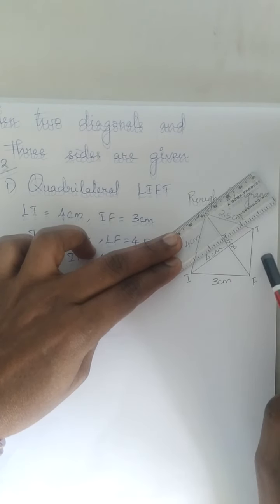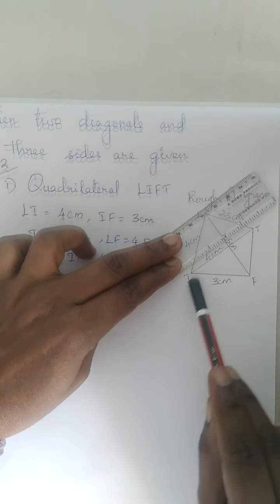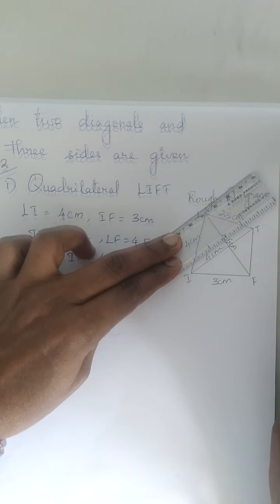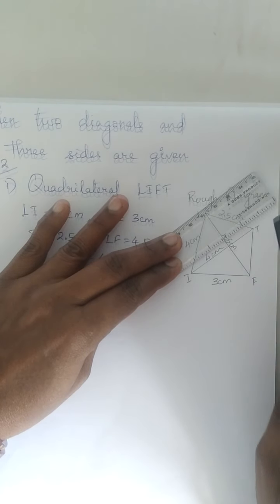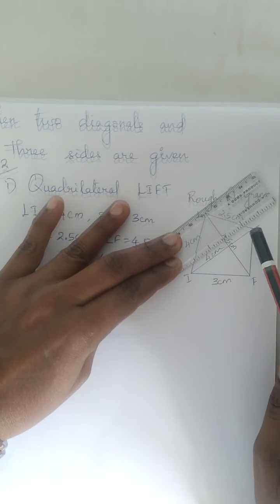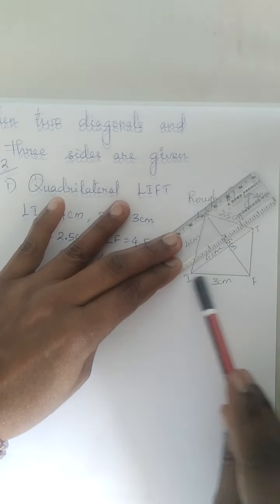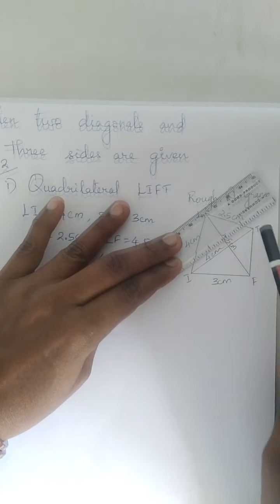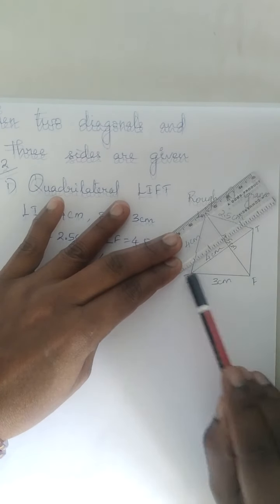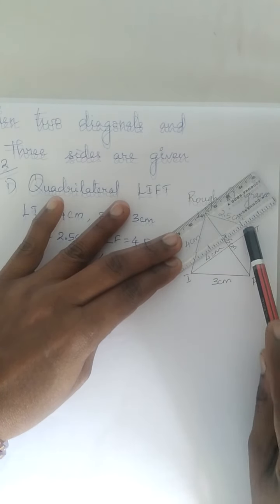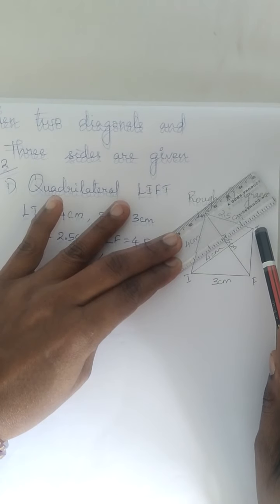So you cannot construct the triangle TIF first, because to construct the quadrilateral, we will be drawing a triangle only first. So don't start to draw the triangle TIF, because you cannot finish it. You are not having all the three sides.